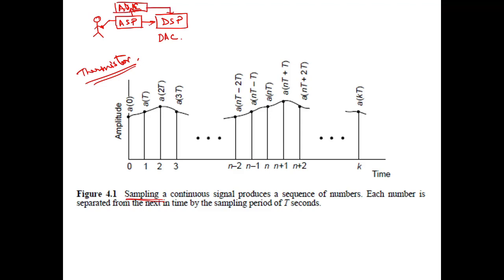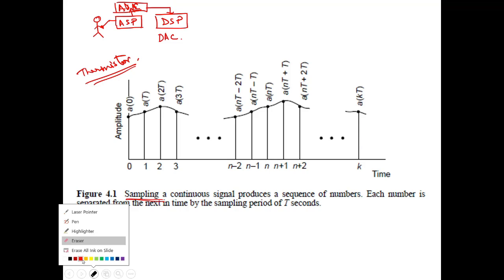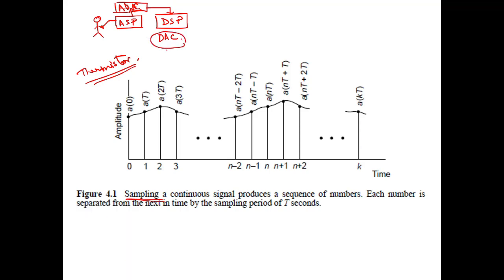Then it will go to the DSP, and within this DSP you will have the DAC, which is the digital to analog converter. Then you will have the recording devices or the display unit, so that you can look into the signal components.